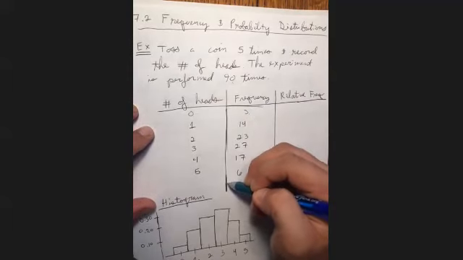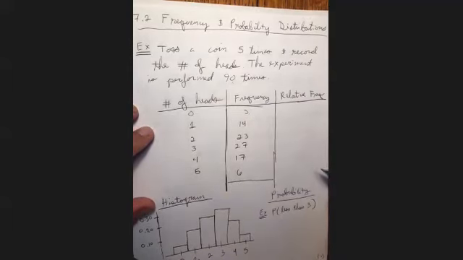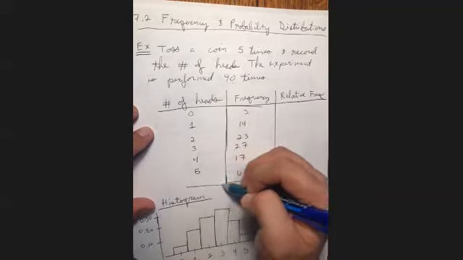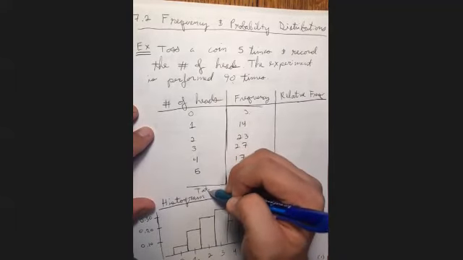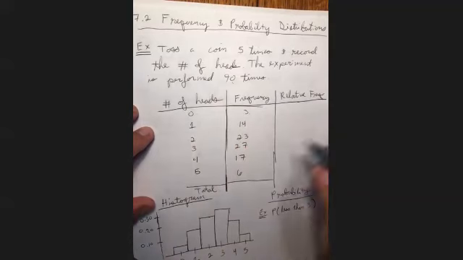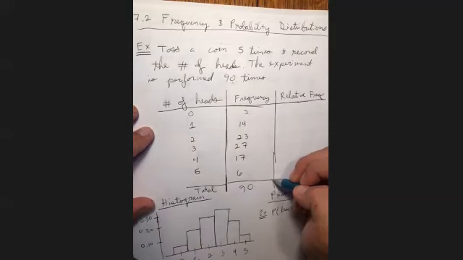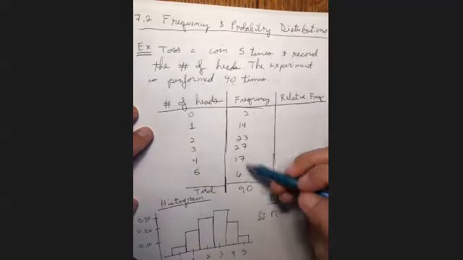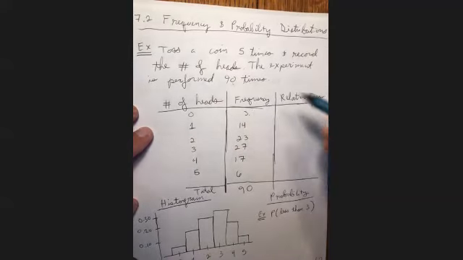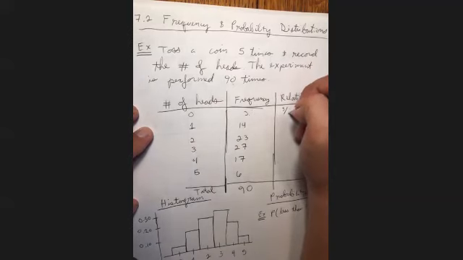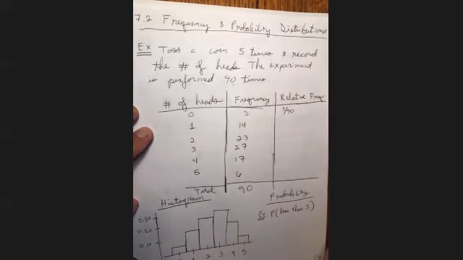What's important to know is the grand total of experiments, and we know that should tally to 90. So this is 3 out of 90.